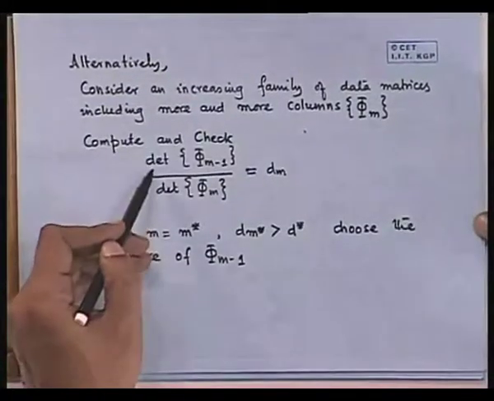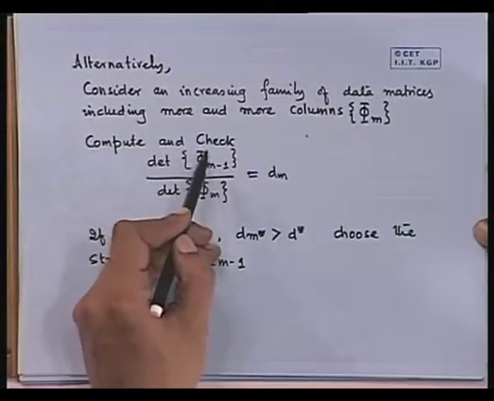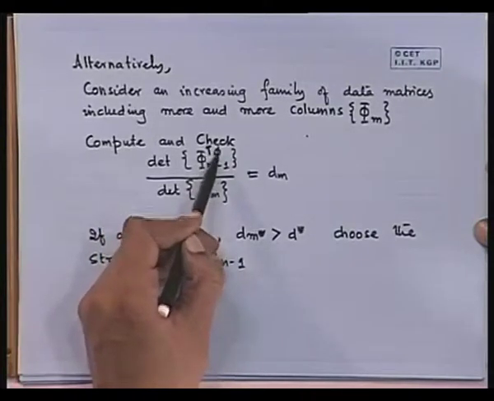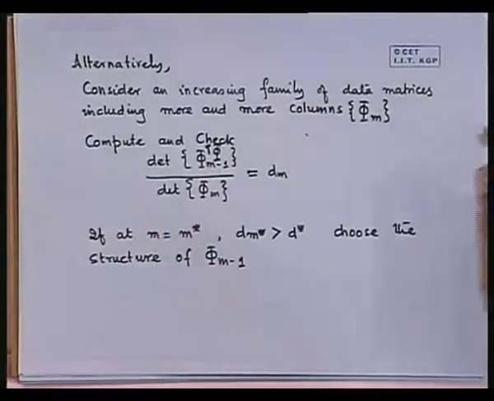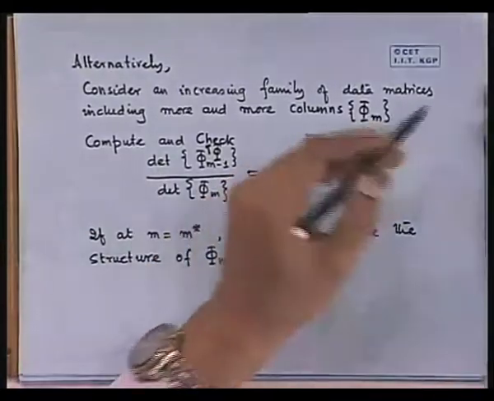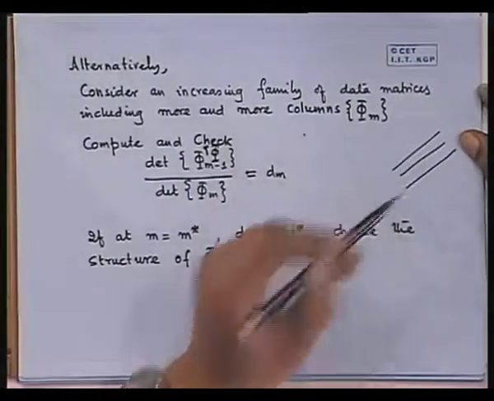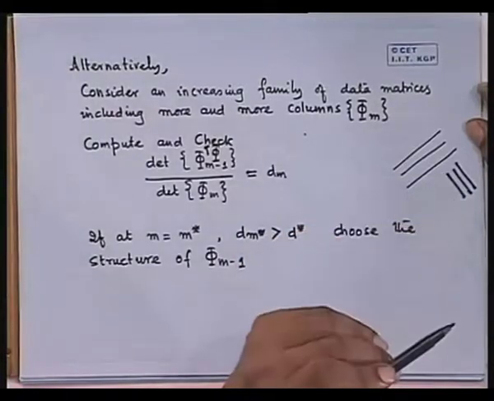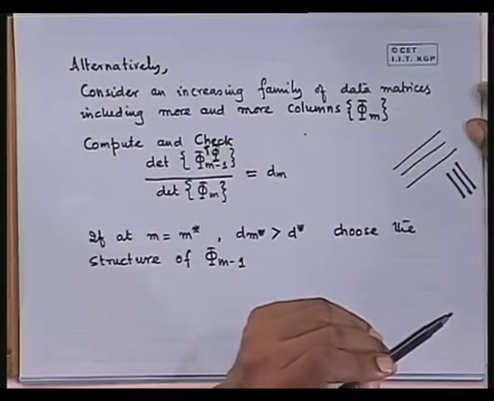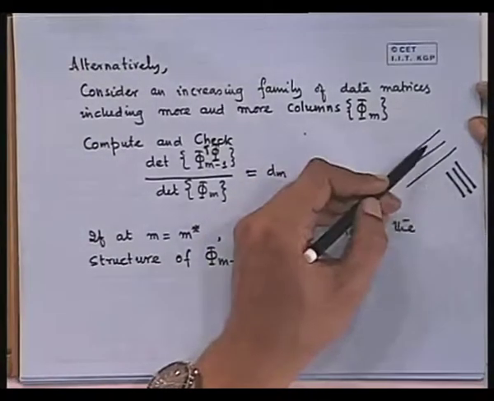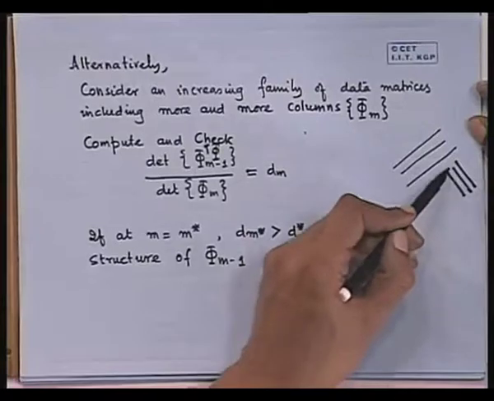If you constructed a determinant of, actually this should not be phi, this should be phi transpose phi. Phi is a non-square matrix, it cannot have a determinant. So if you have phi and phi transpose, then you are having phi transpose phi.